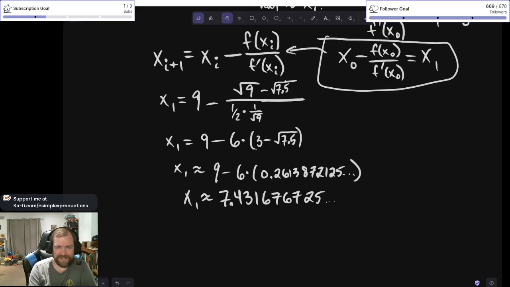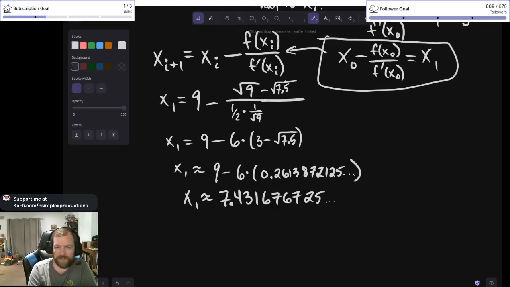Our x values are trending toward 7.5. Damn. This is not a square root algorithm. I went backwards. Okay. Right, these are to find x values, not y values. Screwed that up. Alright.